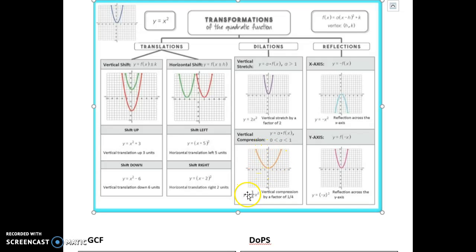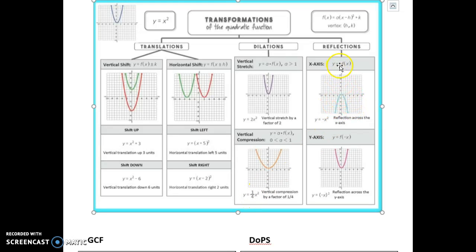When you have a coefficient that's less than 1, it gets wider. So a vertical stretch is when it kind of goes upwards more. It's steeper. That's a bigger number. And then this is going to stretch it out a little bit less. It's going to push it down towards the axis. That means that the coefficient in front is less than 1. You can also flip this.